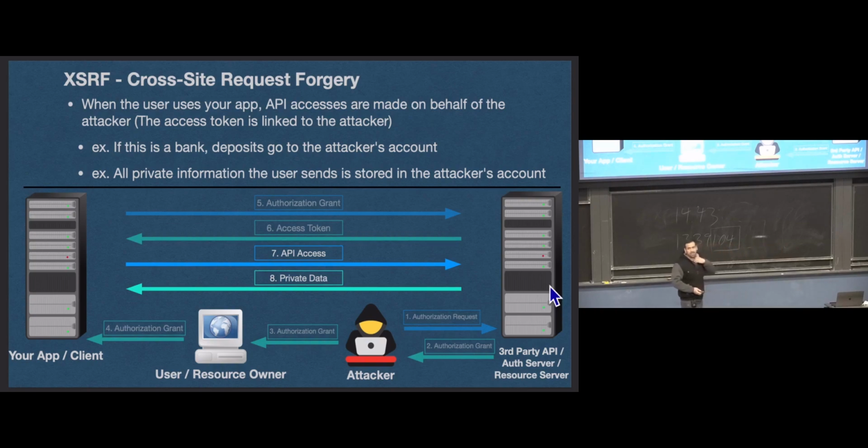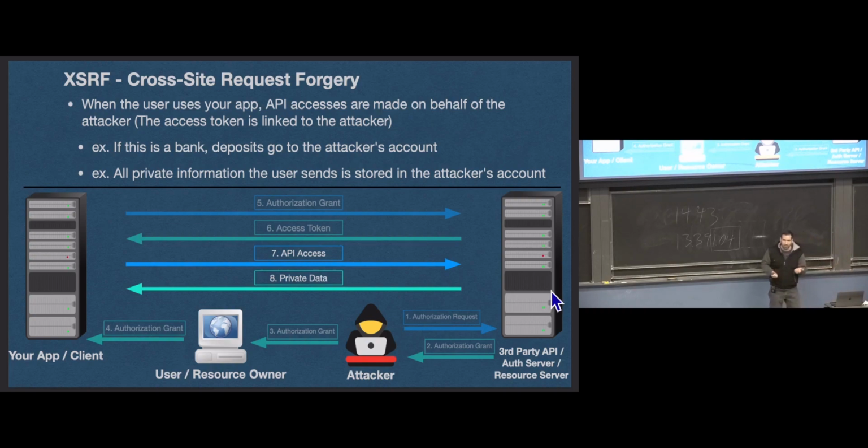Now, say this is a bank API, and the user makes a deposit, that deposit goes to the attacker's account. Any private data in general, any private data that this user sends to our app and says, hey, talk to that API for me and send this private data into that API, goes into the attacker's account. The attacker can't see what's going on over here, but they check their account through this third party's app.